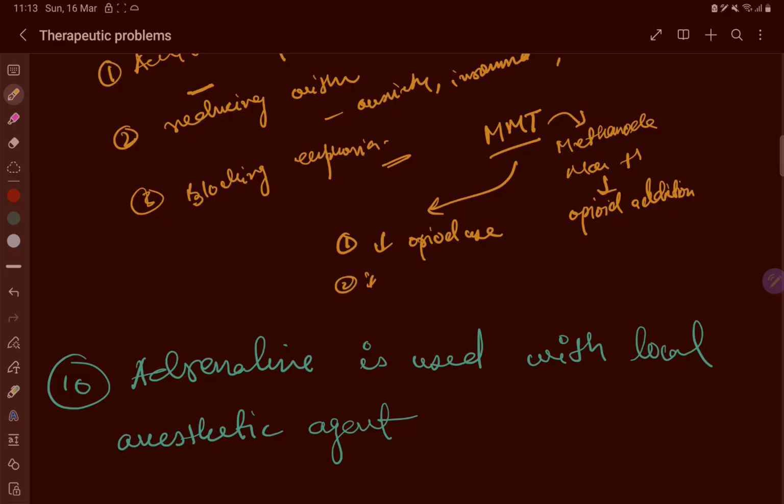Second, improves the health outcome, decreases mortality. And third is increasing the social stability. It stabilizes their lives, improves relationships, improves employment opportunities, and like this improves the social stability.